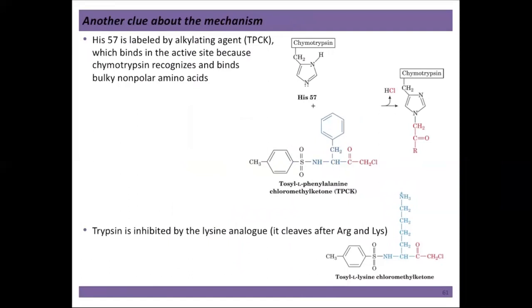So another clue about the mechanism is we have this molecule right here, TPCK, and what we have is a leaving group. And so we actually can attack here and kick out this leaving group. Now, chymotrypsin cleaves the amide after a hydrophobic residue.